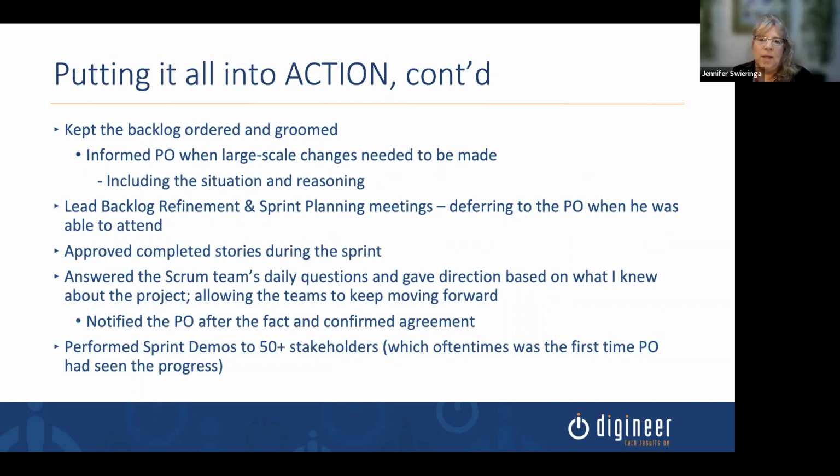I began leading the backlog refinement and the sprint planning meetings. When he was able to attend, I always deferred to him, but then he deferred back to me. So it was kind of interesting. I worked really hard to make sure that he knew that I wasn't trying to take over his job, that I wasn't telling him he didn't know how to do his job.